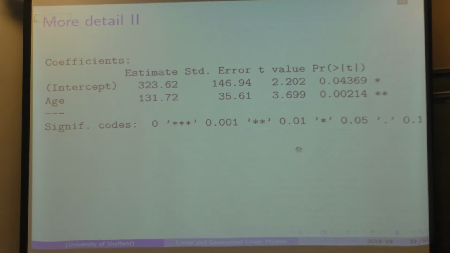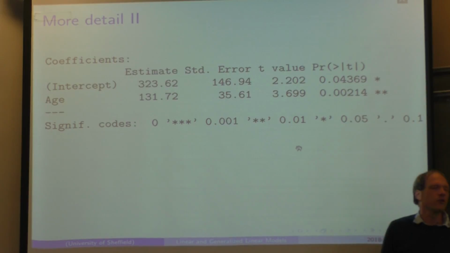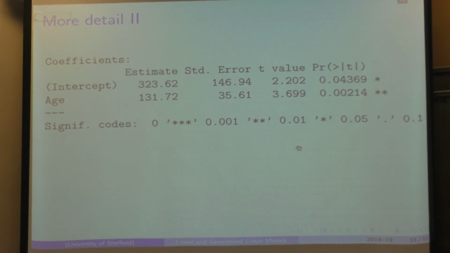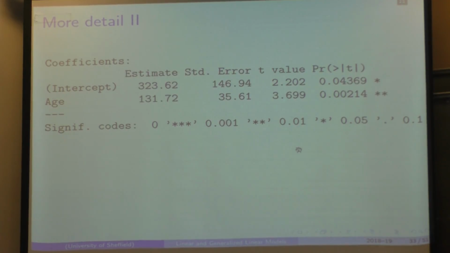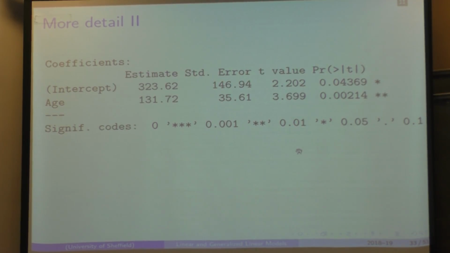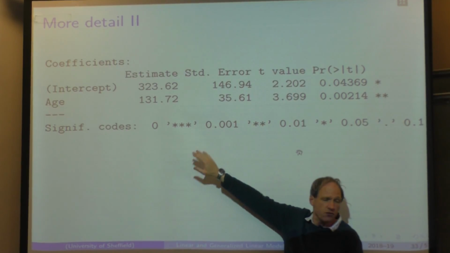If the p-value is less than 0.05, you get a star. So you see the top one, the p-value is just below 0.05, so we get a star. There's then another threshold of 0.01, below which we get a double star, which is what we've got here. We don't see it in this example, but if we'd got a p-value below 0.001, we would get 3 stars.